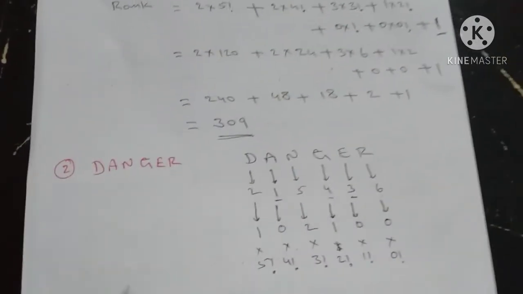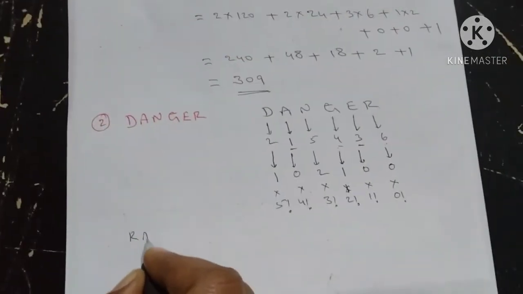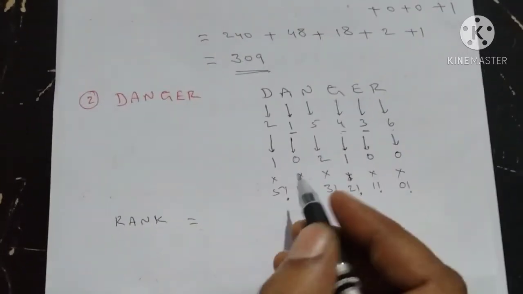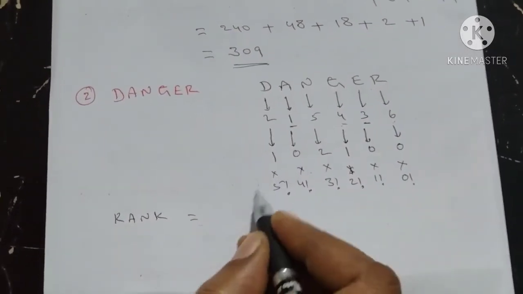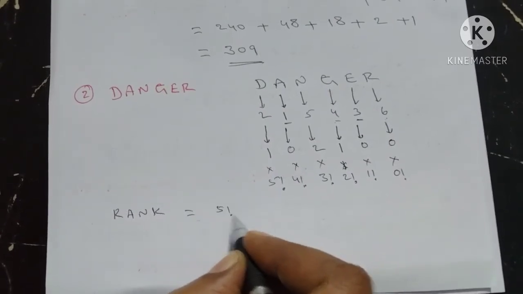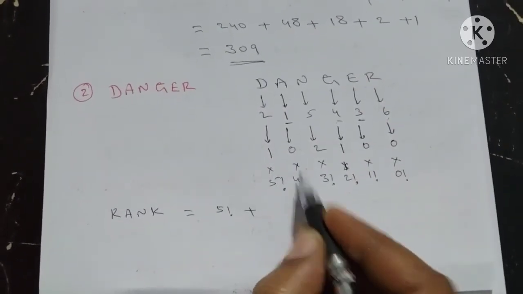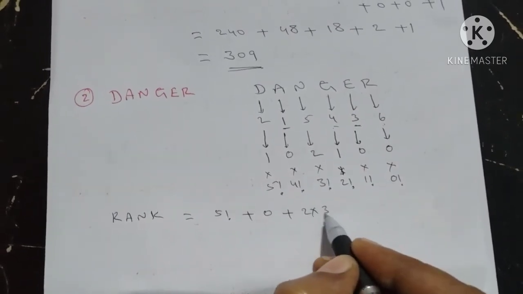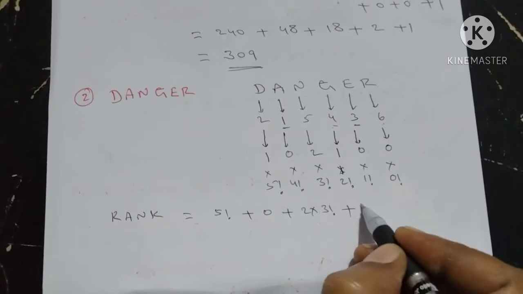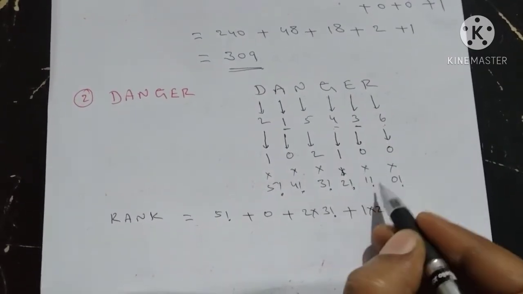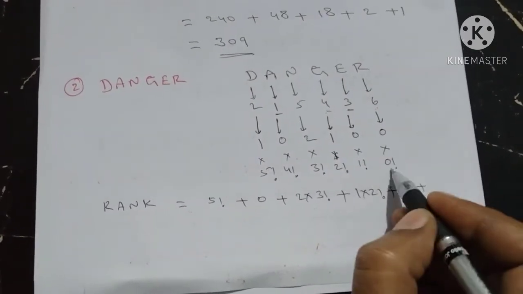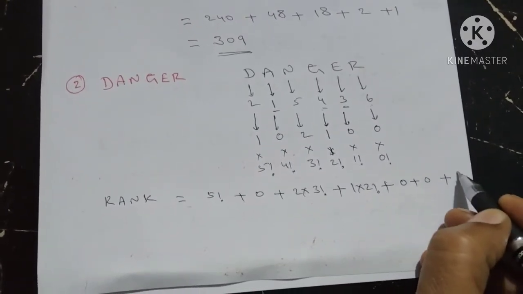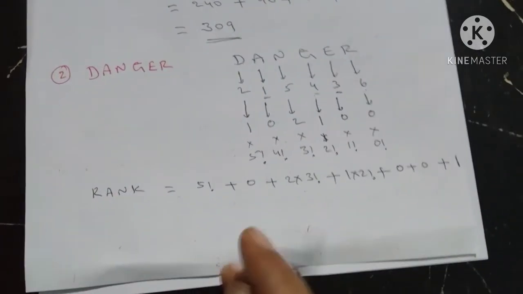Now the rank of the word danger is 1 into 5 factorial plus 0 into 4 factorial, which is 0, plus 2 into 3 factorial plus 1 into 2 factorial plus 0 into 1 factorial, 0, plus 0 into 0 factorial, 0, plus adding 1, that is the position of the given word.